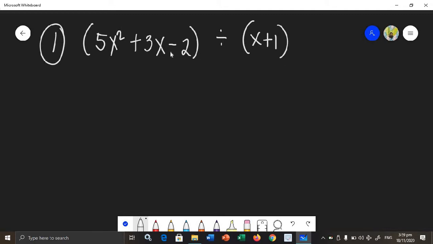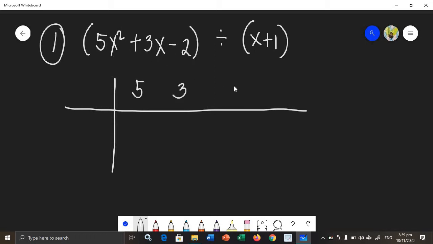Using synthetic division, we will write the coefficients of the dividend, or the p(x). This will be written as 5, 3, and negative 2.